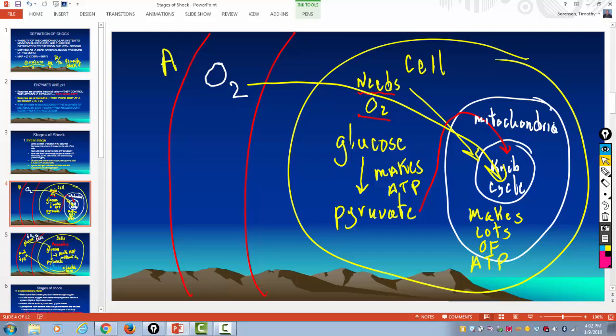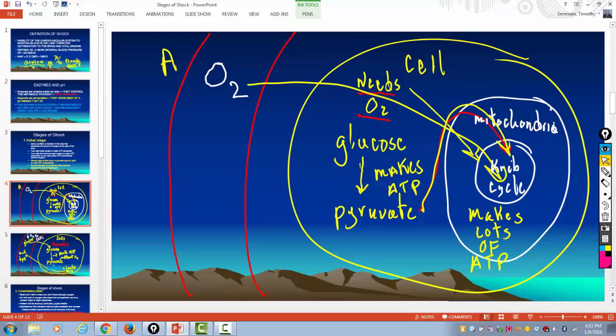You also have a way of making ATP that doesn't require oxygen. And this is enzymatically taking glucose and breaking it down to pyruvate. And normally pyruvate, when there's oxygen around, diffuses into the mitochondria and you Krebs that thing out, so you completely break down the glucose.